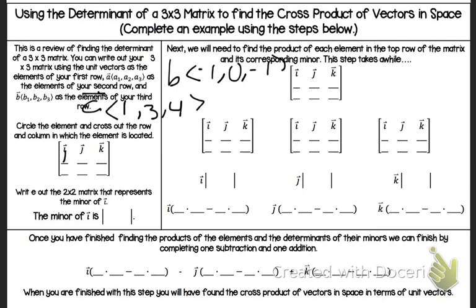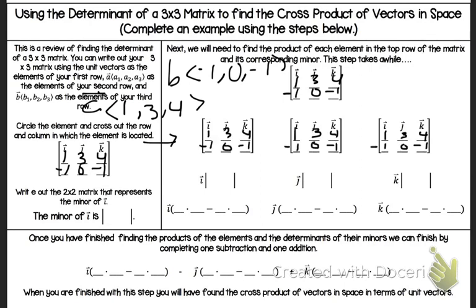Our two vectors are 1, 3, 4 and -1, 0, -1. Then we're going to list them in the matrix. I'll pause this so we're not wasting time.